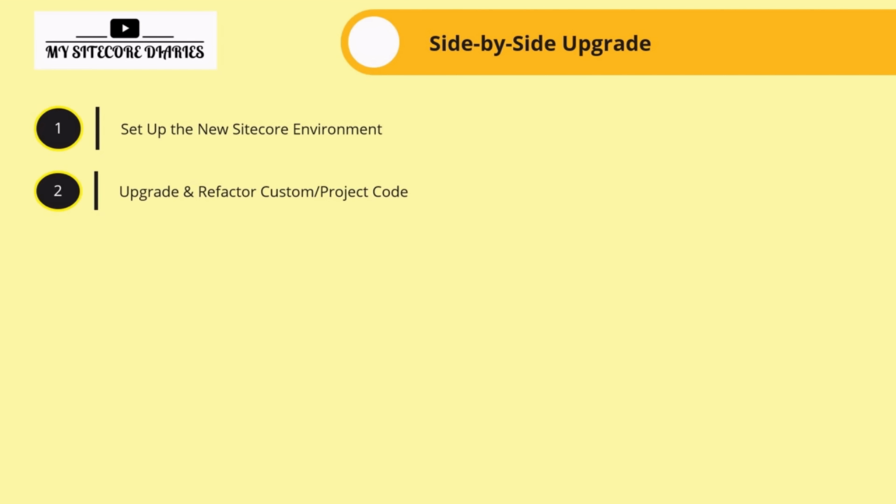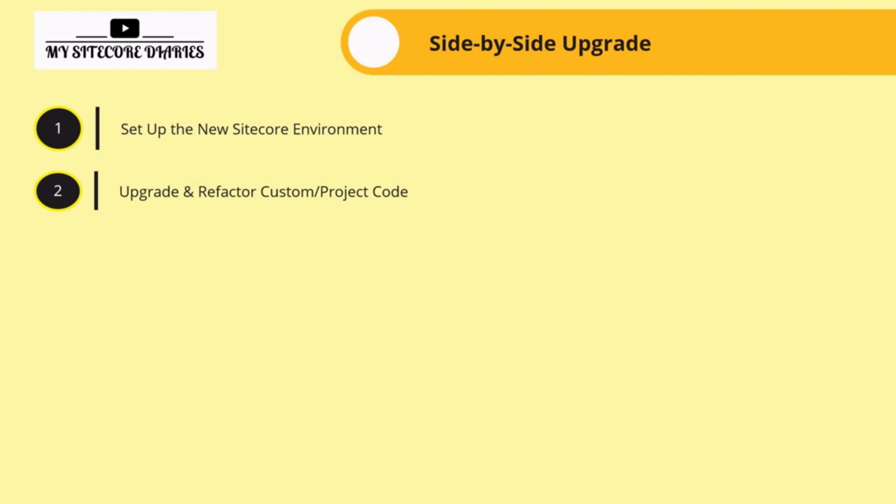If you are targeting 10.4, then refer to it by using NuGet, and then build your application, resolve the problems, and remove the obsolete code, all the things which you need to remove. You need to build your project successfully. Not only that, you need to verify your custom code, not just whether it builds but whether it is working or not.